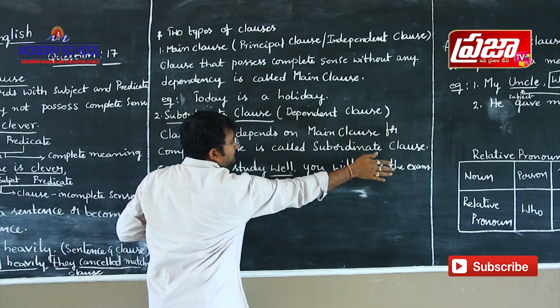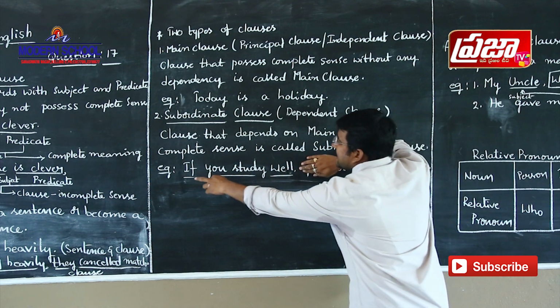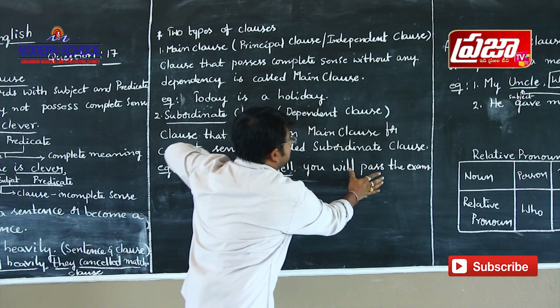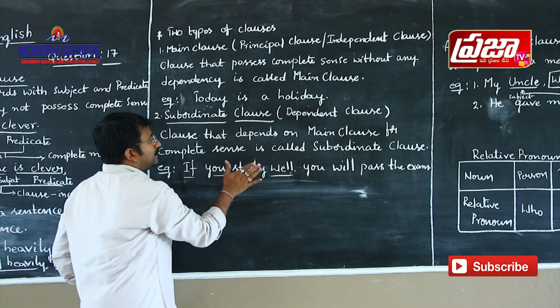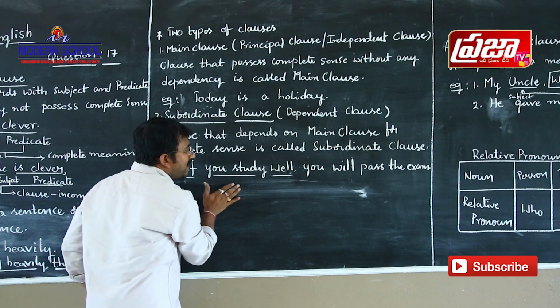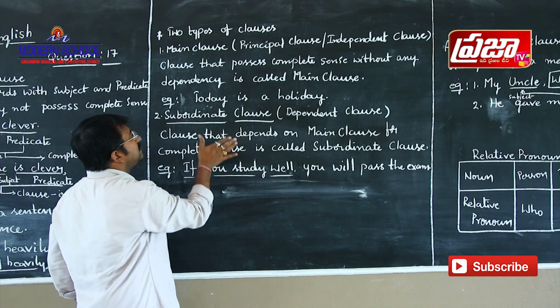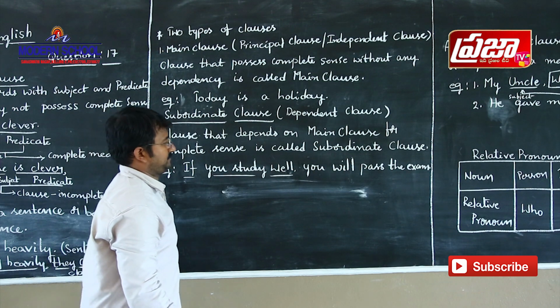In the absence of the main clause, it possesses an incomplete sense. Only in the presence of the main clause does it possess a complete sense. So we call this clause a subordinate clause or dependent clause.